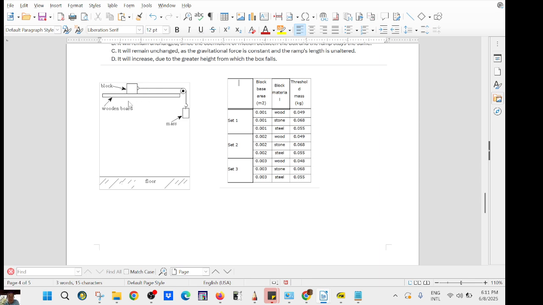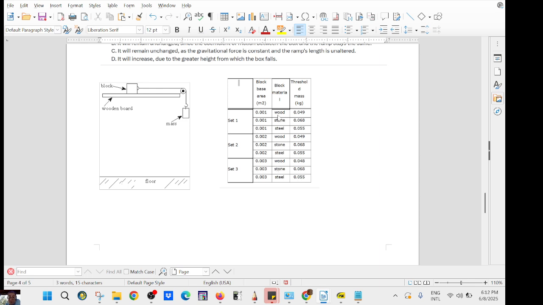it's an experiment done to look at the kinetic friction again, or static friction, because at some point it's not moving, and as you increase the weight, it's going to start moving. So that will be kinetic friction. And they give you some results here for the experiment done.